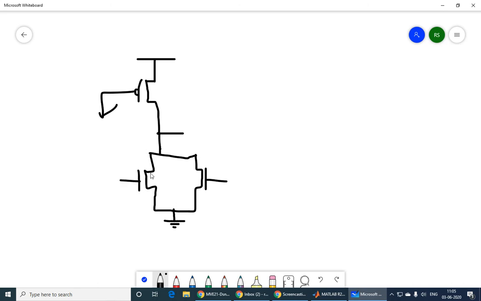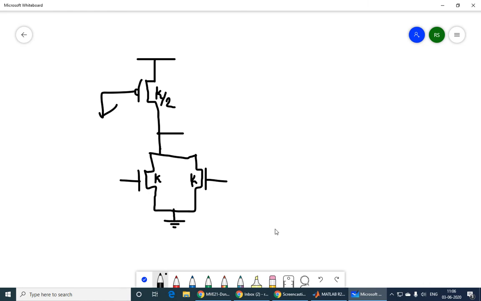Okay, now we have the gate sizes. Let's just say this is K and this is also K. In the worst case only one is conducting, and that will make this as K by 2. Okay, and this is the equation.